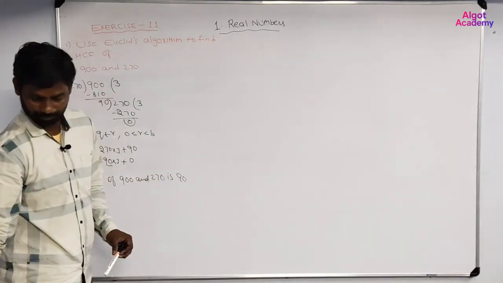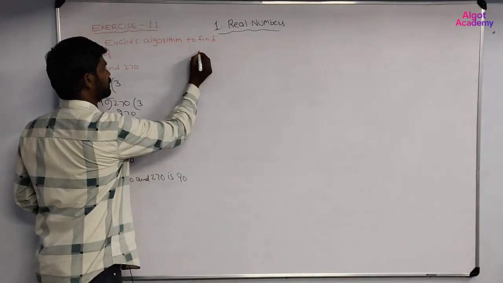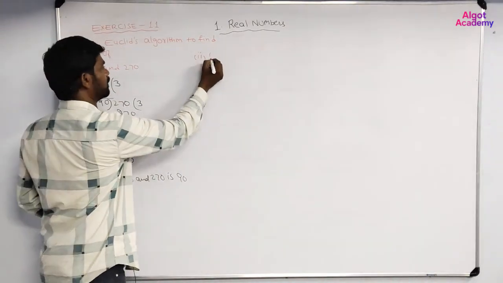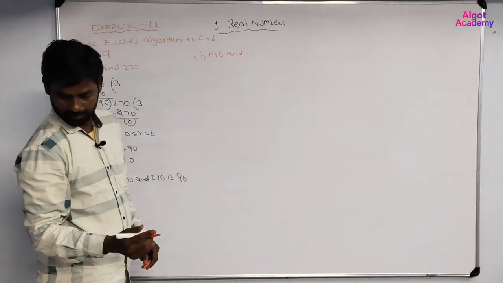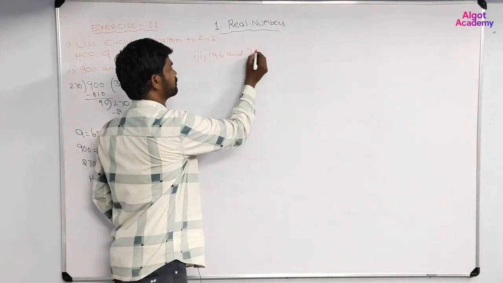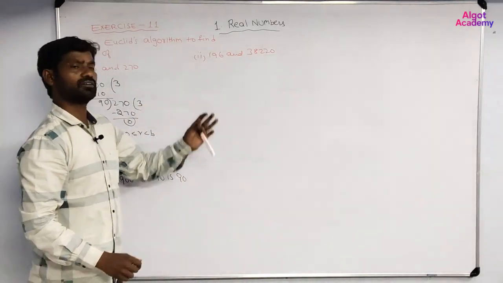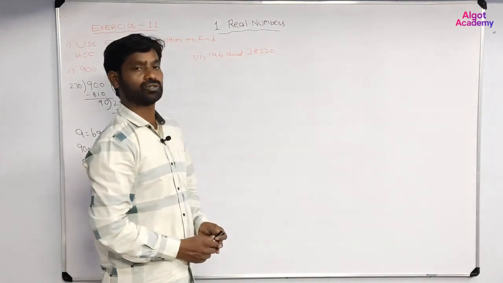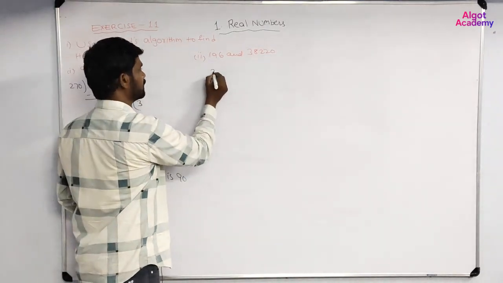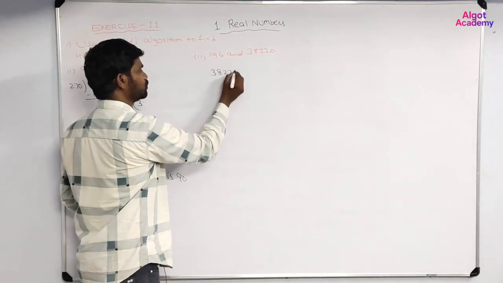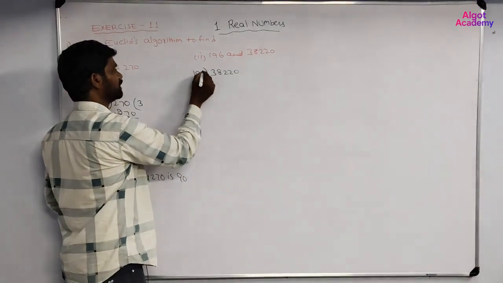Next question. The second one, 196 and 38,220. We have to find the HCF of these two numbers. So 38,220 is divided by 196.